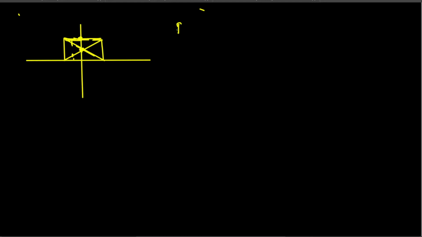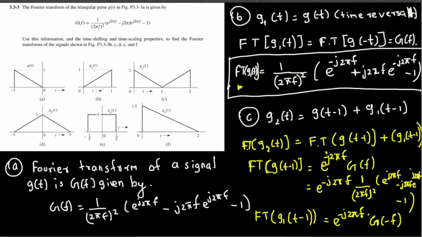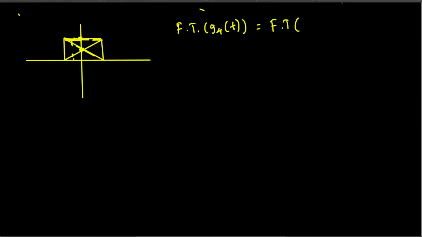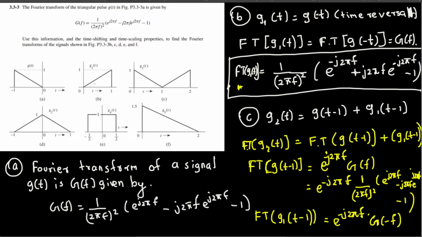So we can say the Fourier transform of g4 of t is basically the Fourier transform of g of t minus half, because moving half unit to the right, and then plus g of t plus half.